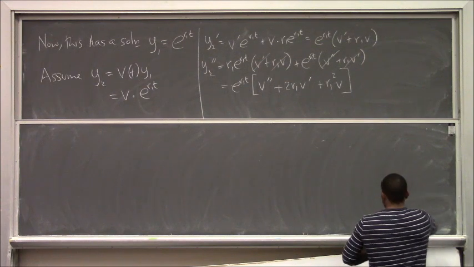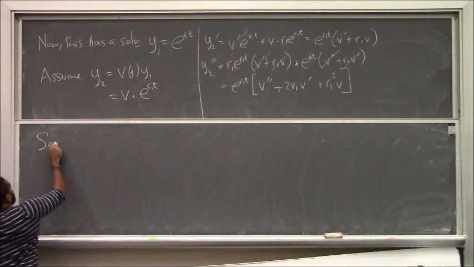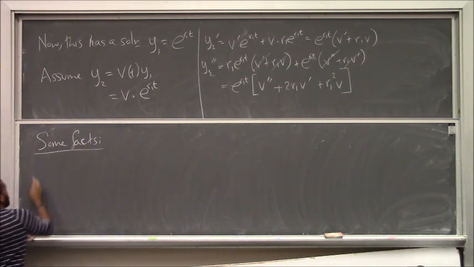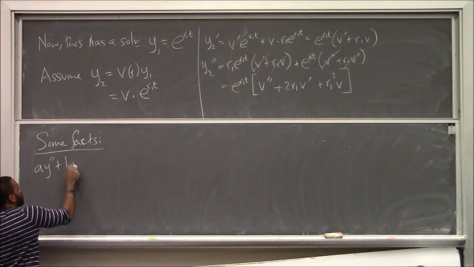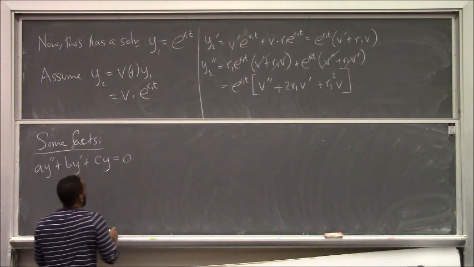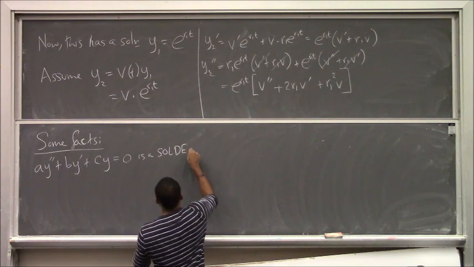So here are some facts. a y double prime plus b y prime plus c y equals 0 is a second order equation with constant coefficients.